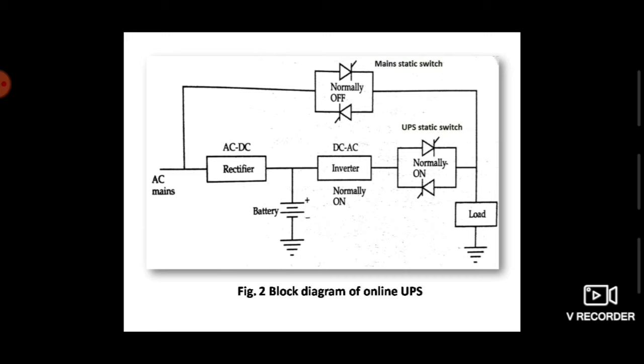So in this case, the inverter is always on, and whenever the AC mains fails, the battery bank will come into action and supply power to the load. Now, if there is any fault in the inverter, then whether the AC main is present or not, the battery or the AC supply will not be able to feed the critical load.